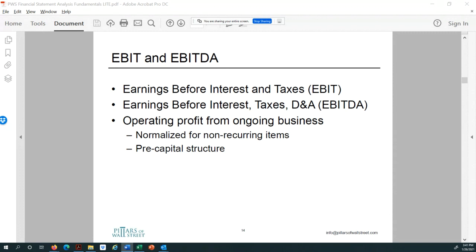The idea here is that EBIT is essentially normalized for non-recurring income and expenses. And all we care about, frankly, from a projection standpoint, is normalized or continuing earnings.